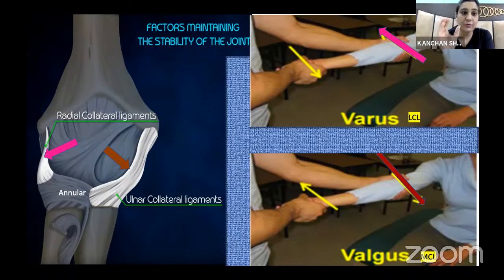Otherwise, if you don't have an ultrasound, clinically you will be able to see give way, laxity in that area. If you are pressing it and you're trying to pull your forearm away from the body, this side is going to be lax, as if you can simply move it without any resistance. The same thing, you need to bring your forearm towards your body, and stress it from this side to this side if you want to look for the lateral collateral ligament.